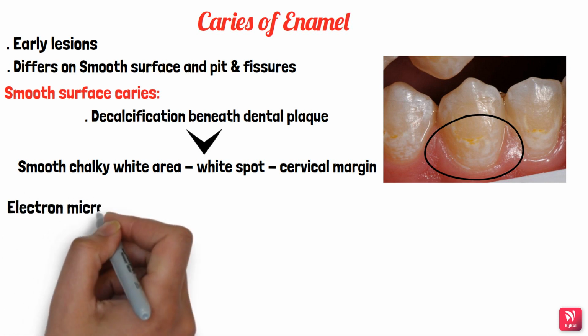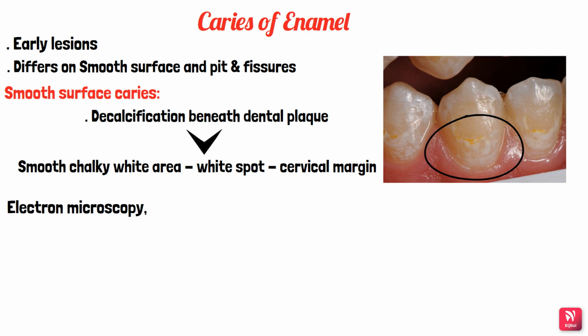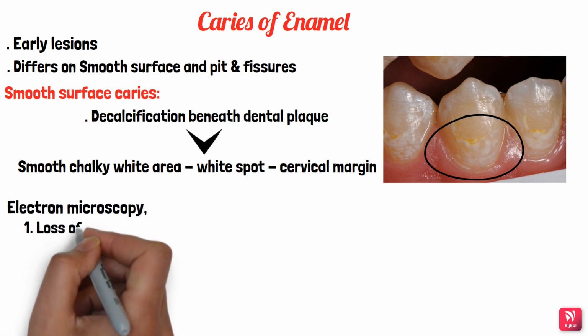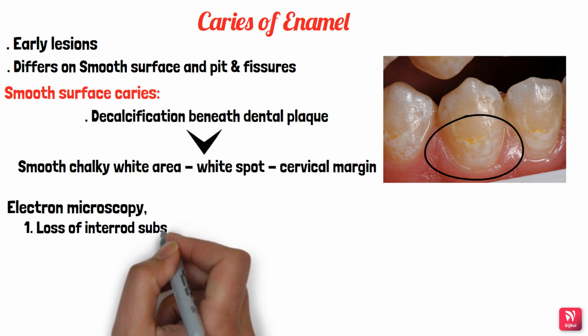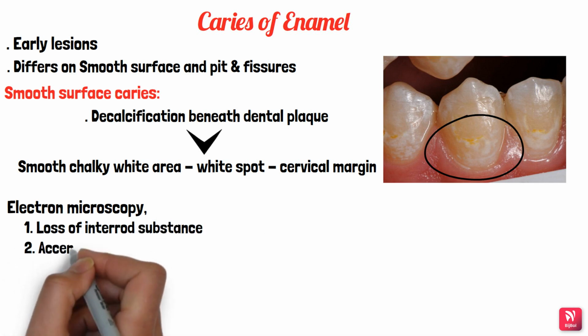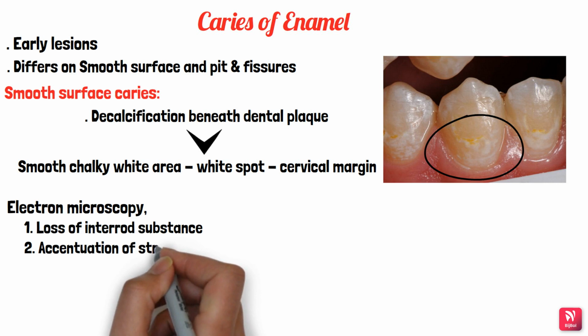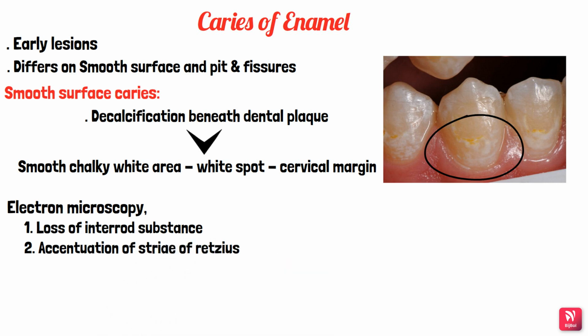But if we look under the electron microscope, that is, ultramicroscopically, the changes seen in smooth surface caries are loss of interrod substance and attenuation of the striae of Retzius.